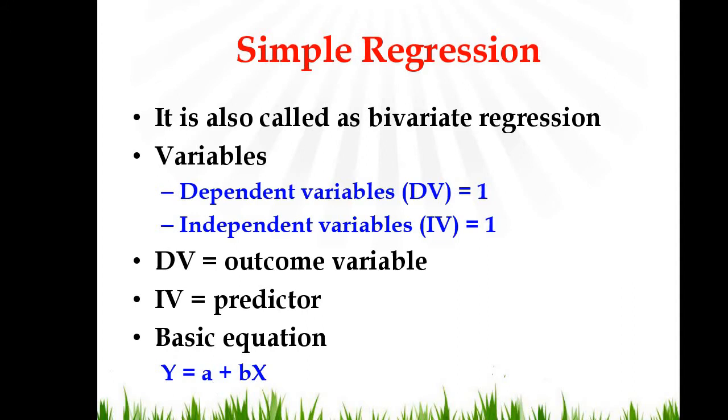A is the intercept, means it is the value of y when there is a zero value of the independent variable. What is b? B is simply rate of change in y per unit change in x. This is very simple concept of beta coefficients.